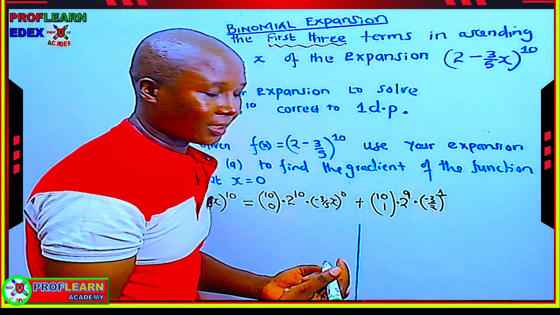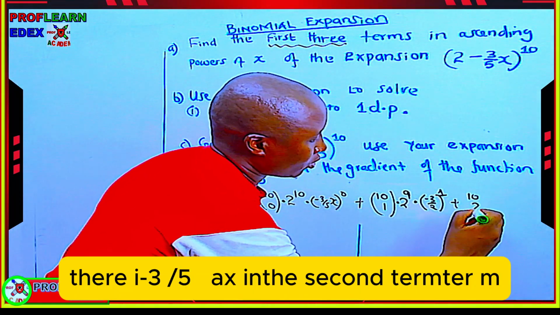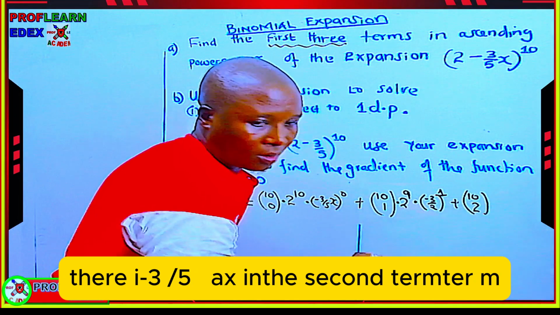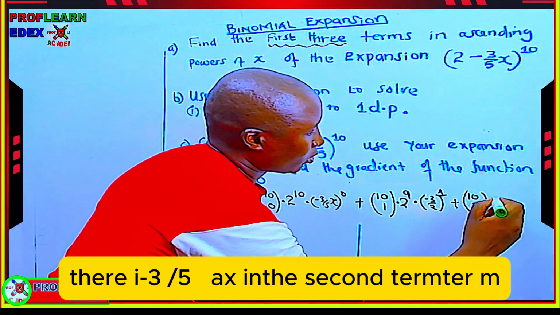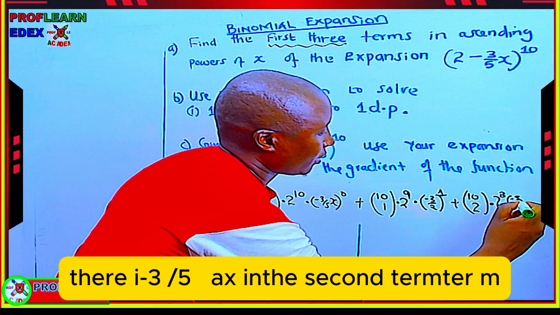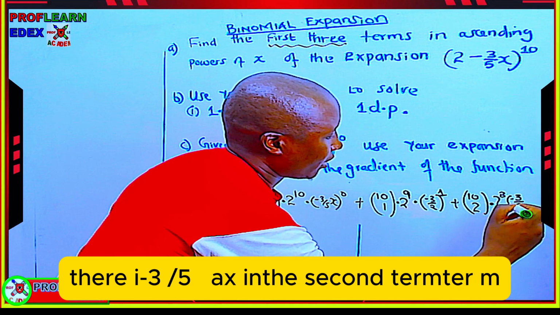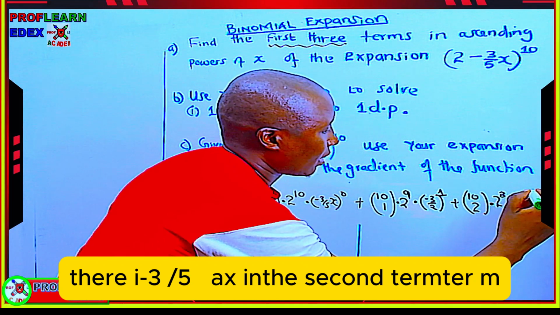Now we are finding the third term, which is plus 10 combination 2, multiplied by 2 raised to power 8, multiplied by negative 3 over 5x raised to power 2.